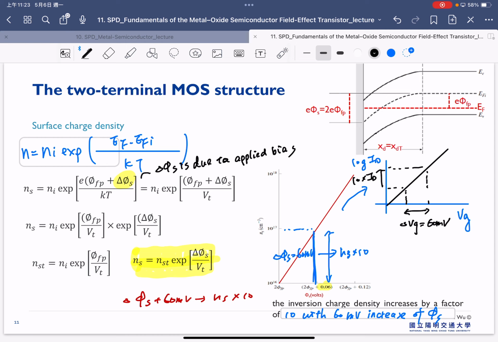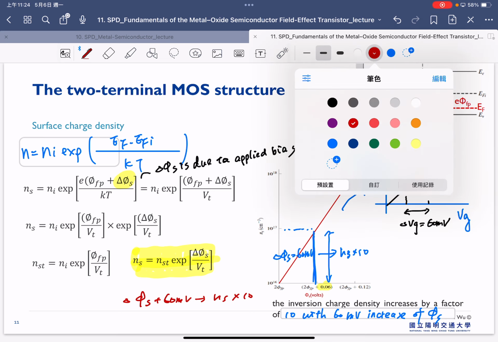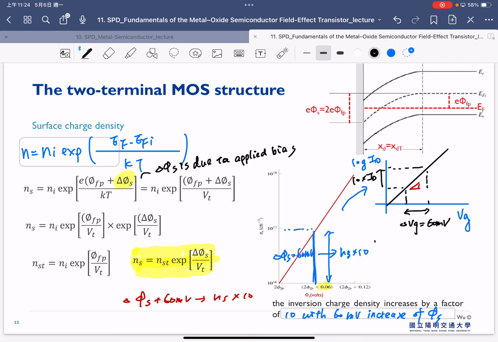Therefore, if you try to calculate the slope here, we actually provide a specific name for this slope. That's what we call the subthreshold slope, or sometimes the swing or slope, whose short name is SS.